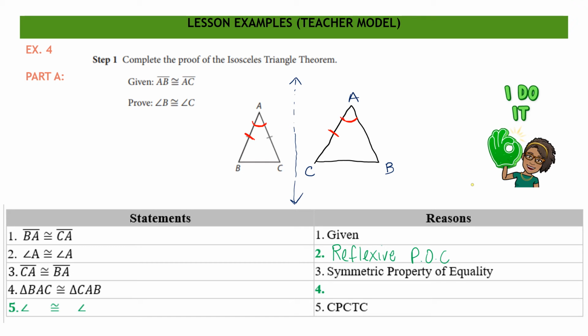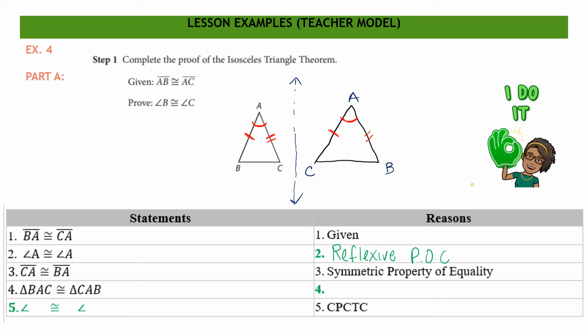Okay, the next statement that is stated for number 3 is that side CA is congruent to side BA. Now remember, again, we have two figures here, two congruent triangles, and it's saying here that we have side CA congruent to side BA.